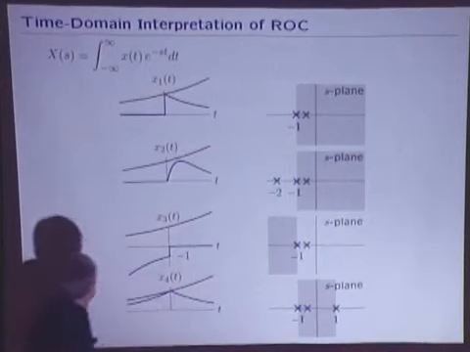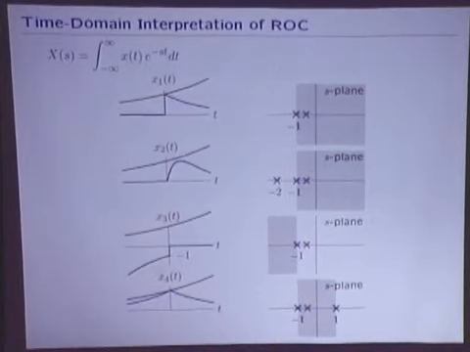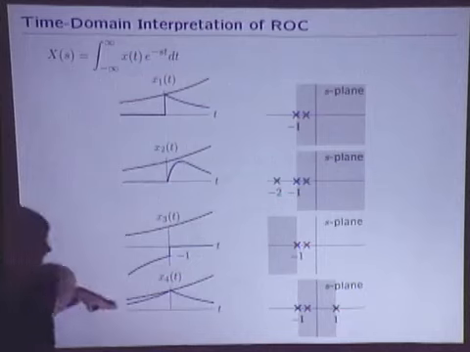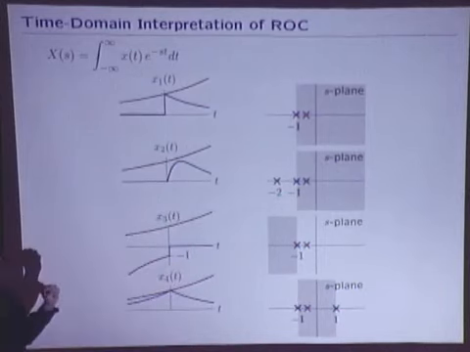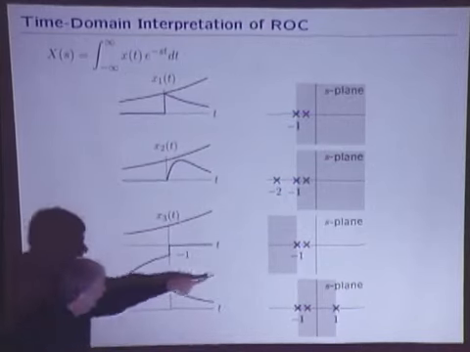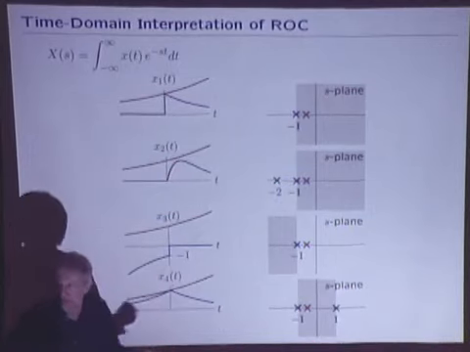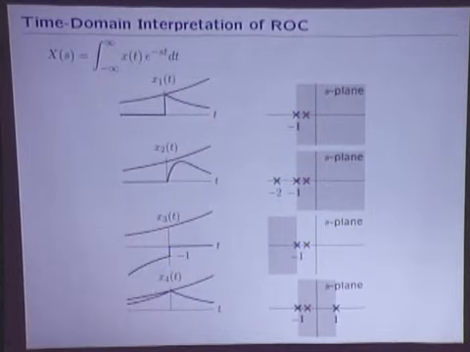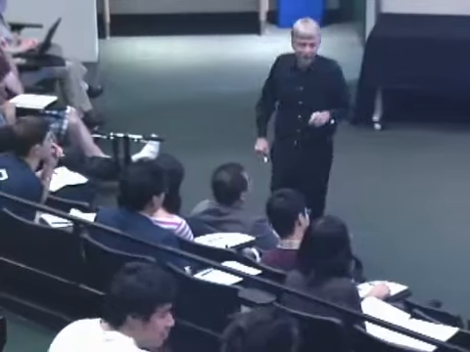The integrand, this thing that I'm integrating against, is always becoming greater as I go toward positive infinity. That tends to be convergent on this side and divergent on that side, but it's not divergent enough to make the function not converge. So I'm in the region.